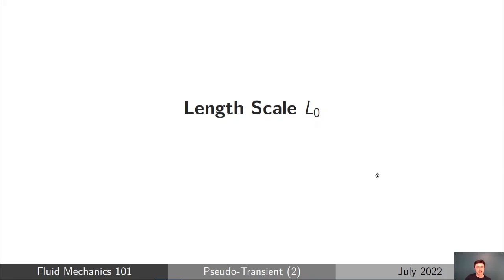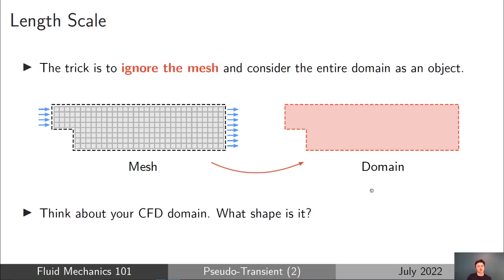So starting with the length scale, L0, the trick with calculating or prescribing a characteristic length for the CFD domain is to ignore the mesh and to think of the CFD domain as an object or as a complete unit. And this is quite a useful thought exercise for you watching this talk.